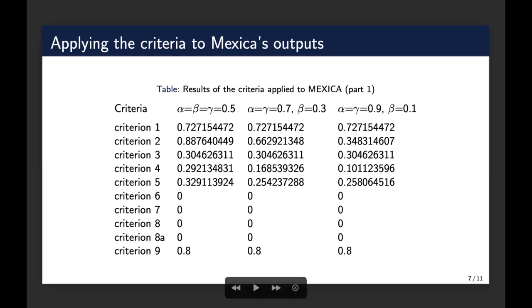But one thing, for example, is the first criterion. It has the same result no matter what values we're using. The third one as well is the same thing, and it's a low value, 0.3 something. And if you remember, criterion one was about the typicality.